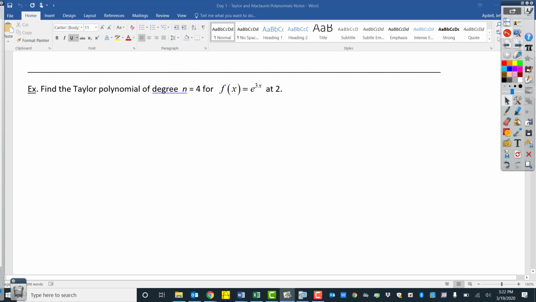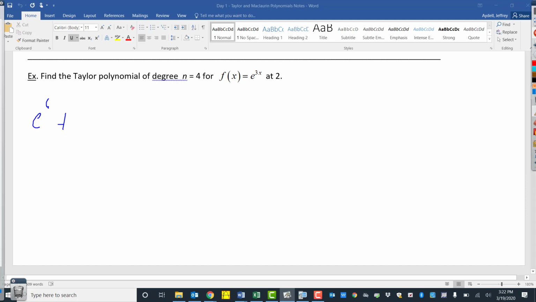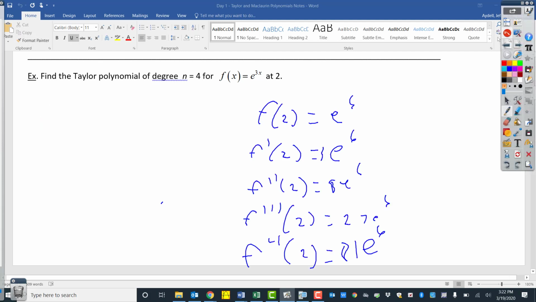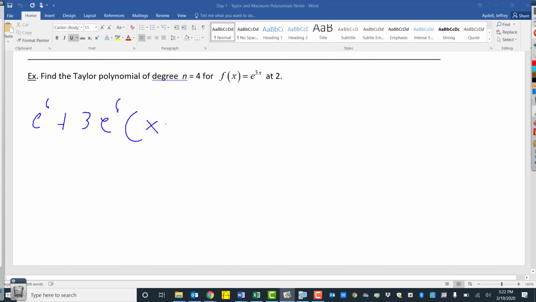Okay, so now let's start plugging these into the formula for the Taylor polynomial. So we have f of 2 first. Well, f of 2 we said was e to the 6th, plus f prime of 2 times x minus 2. f prime of 2 we said was 3e to the 6th, so 3e to the 6th times x minus 2, plus then we have f double prime of 2, so 9e to the 6th times x minus 2 squared over 2 factorial, which is 2.